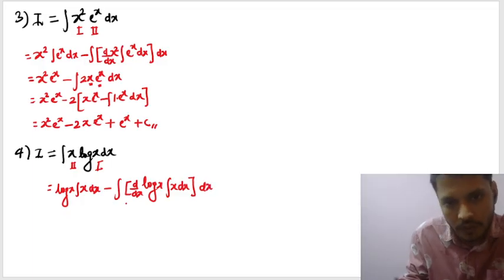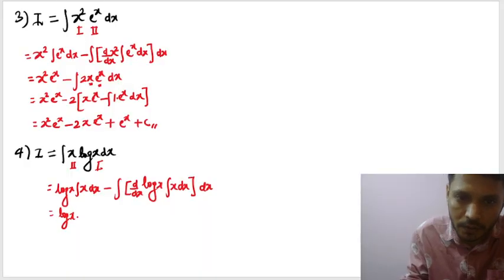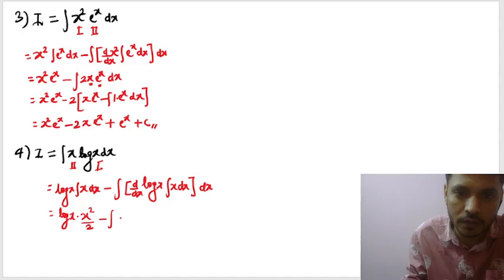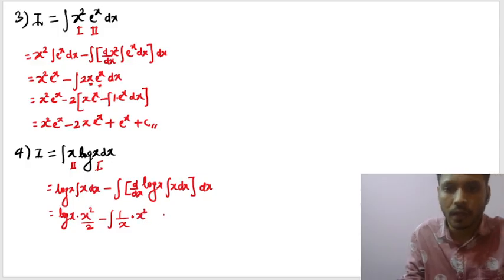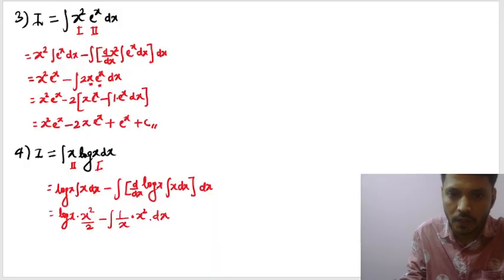So finally log x will be as it is, but integration of x is x square divided by 2, minus here integration of log x, derivative of log x is 1 by x, and here it is integration of x is x square, right, and here we have 1 dx. So this x square and this x will get cancelled out.